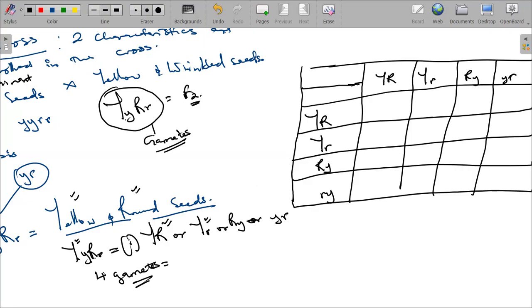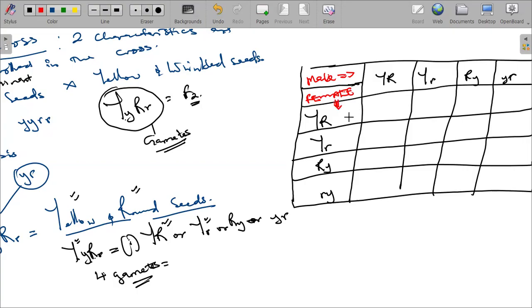So I can say male, and then I can say female, which is this direction.